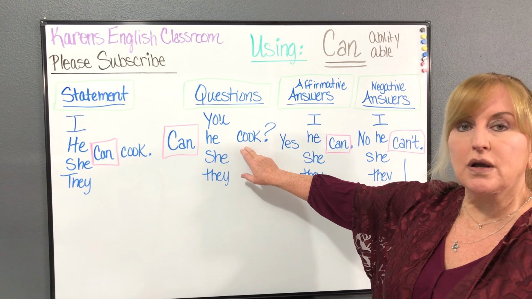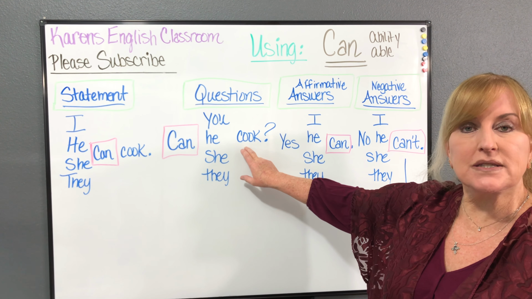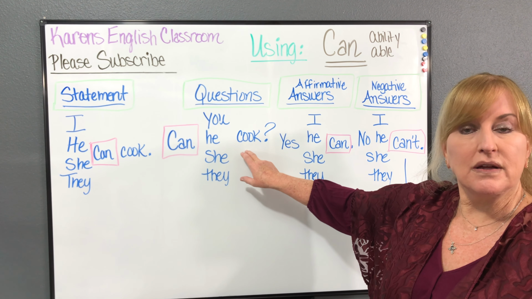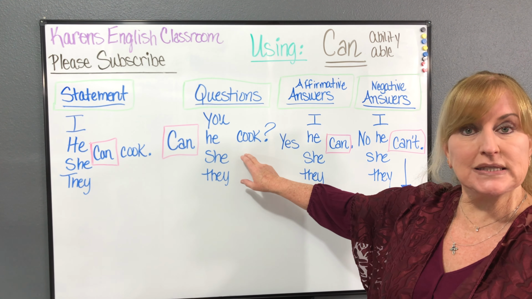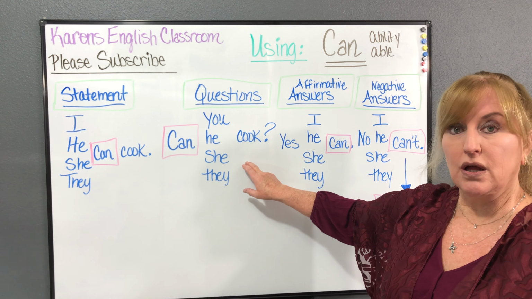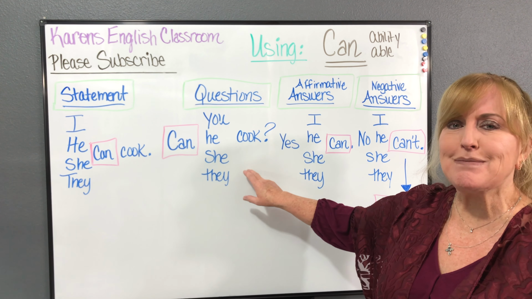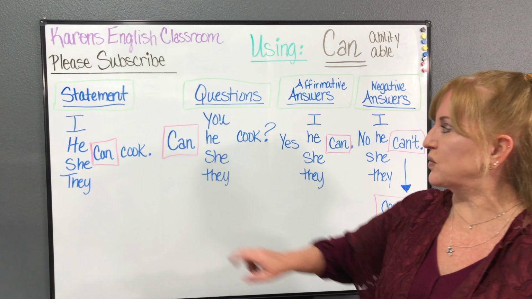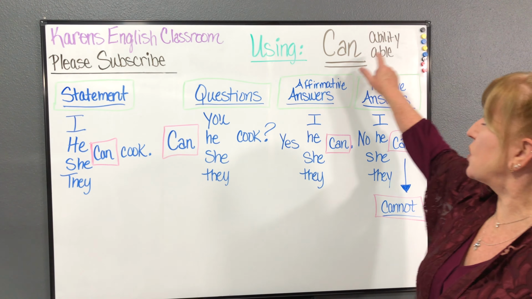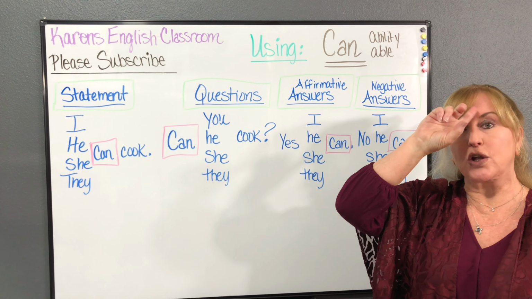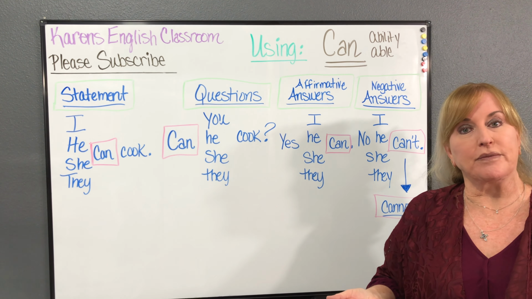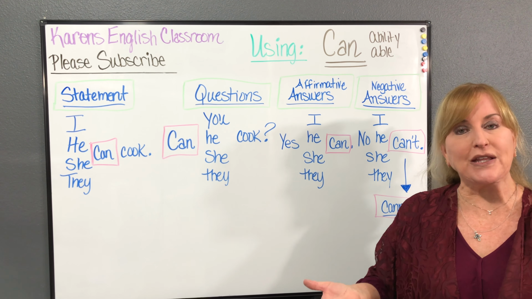Can you cook? Can you paint? Can you run? Can you exercise? Can you work? Can you run a cash register? There are many, many questions you can ask with can. And this is showing ability and are you able to do it? Can you do something?